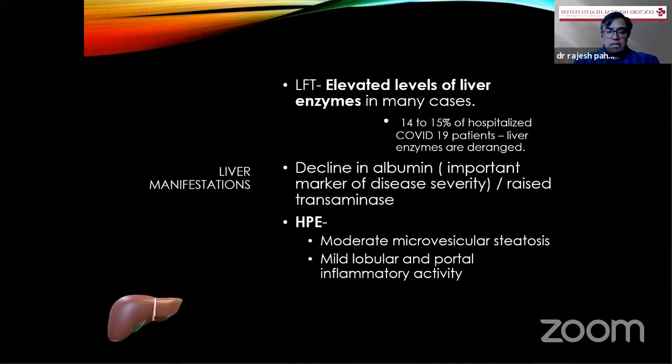The decline in the albumin level is also considered a marker of disease severity as described in different studies, and raised transaminase also has the same predictive value. On histopathology, moderate microvascular steatosis and mild lobular and portal inflammatory activity was detected.